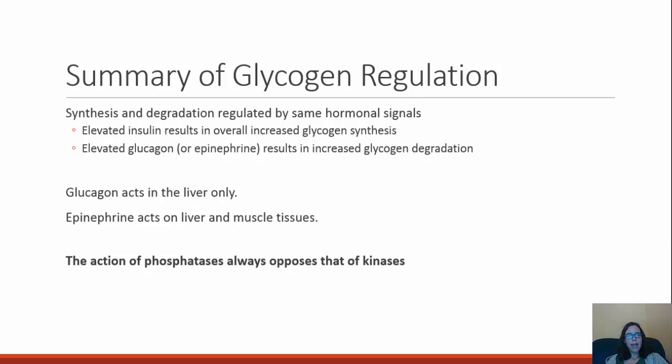The action of phosphatases always opposes that of kinases. Kinases add a phosphate group on, phosphatases take the phosphate group off. And depending on which enzyme it is determines whether it's activated in its phosphorylated form or inactivated in its phosphorylated form.